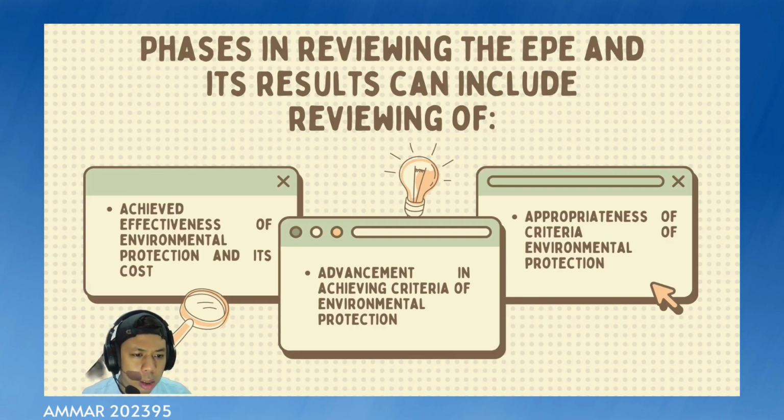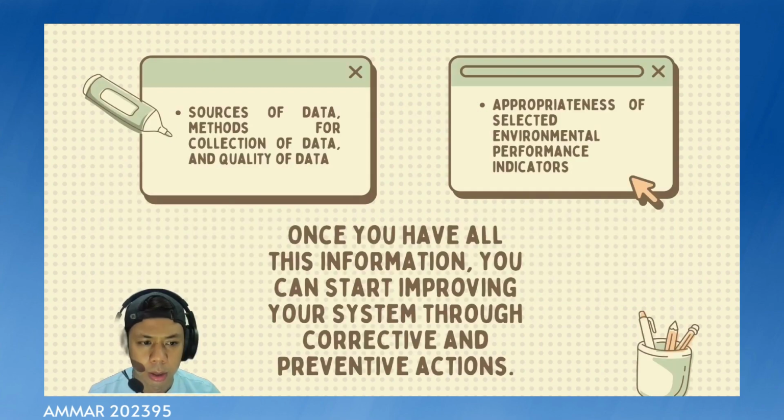Next is appropriateness of criteria of environmental protection. Next, source of data, method for collection of data, and quality of data. Next is appropriateness of selected environmental performance indicator. So once you have all this information, you can start improving your system through corrective and preventive action. That's all from me. Thank you.